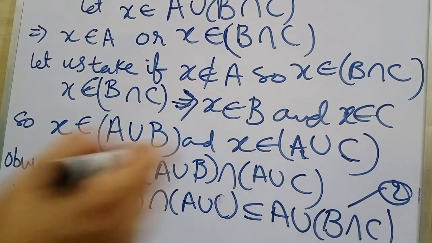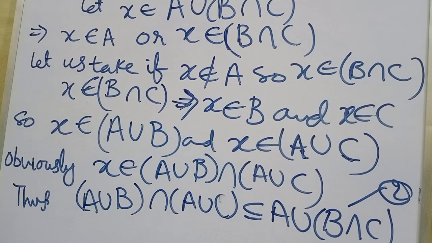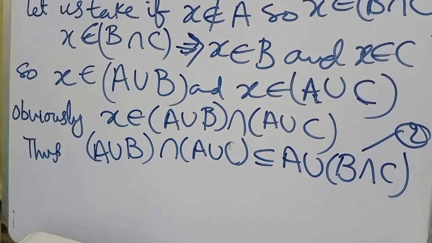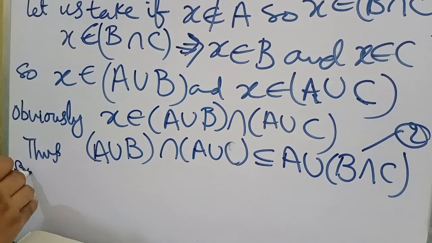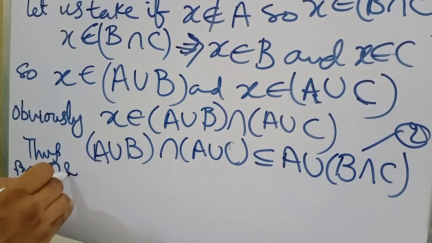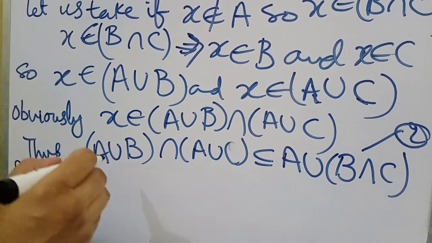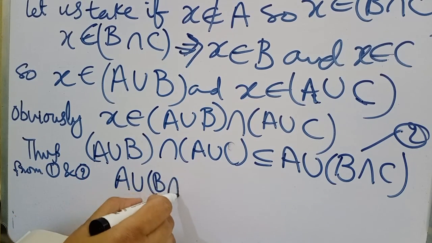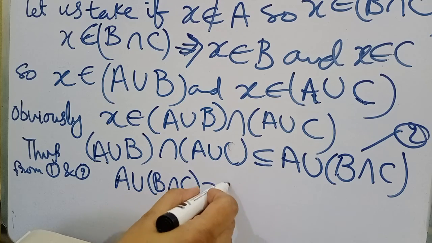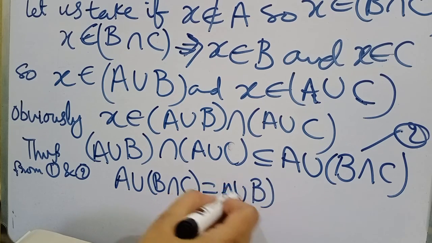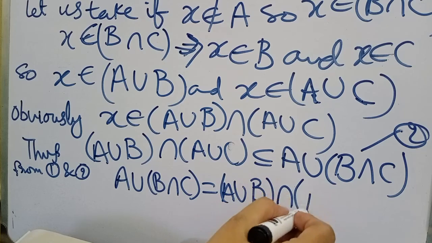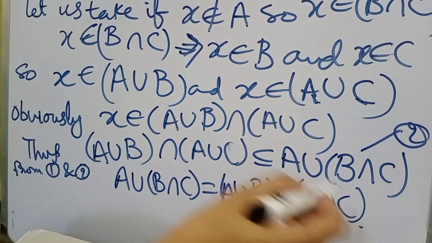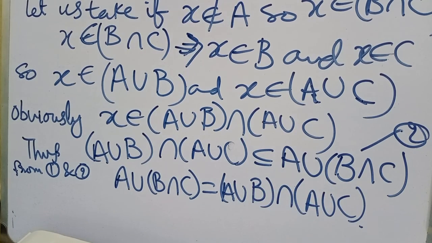We can say that this is true from 1 and 2. We have A union (B intersection C) is equal to (A union B) intersection (A union C). And that's the end of our property, the distributive property of union over intersection.